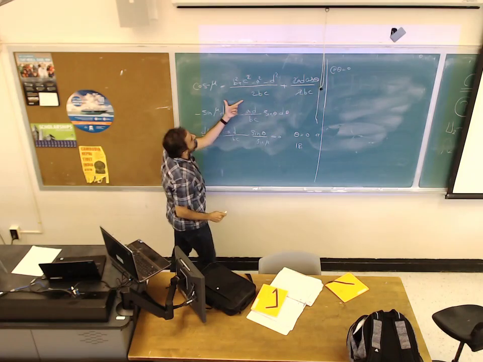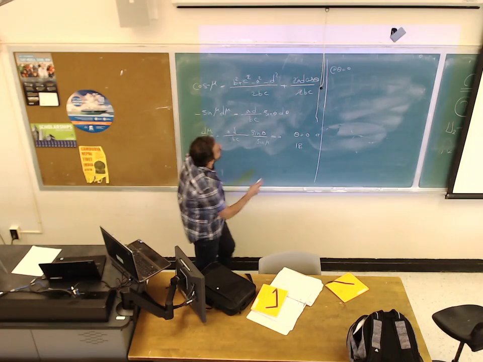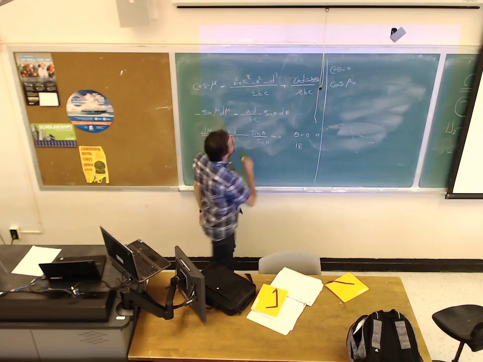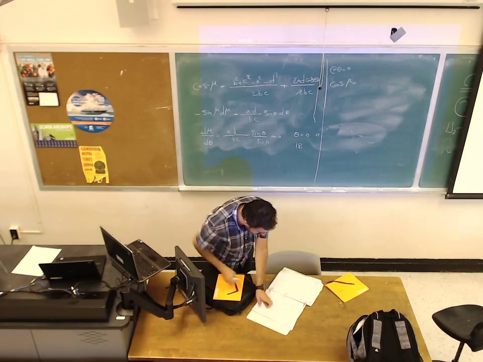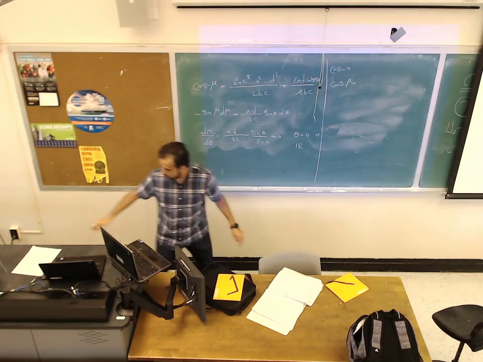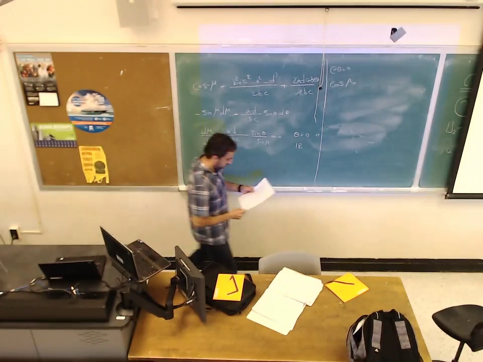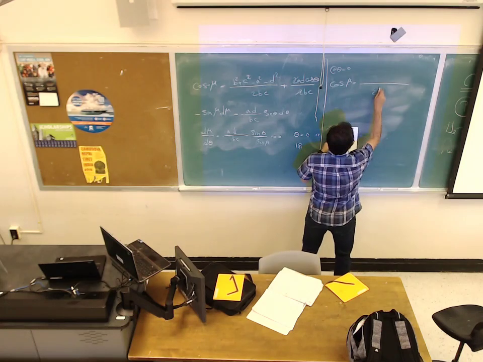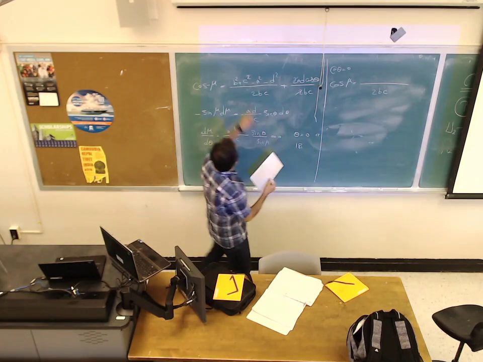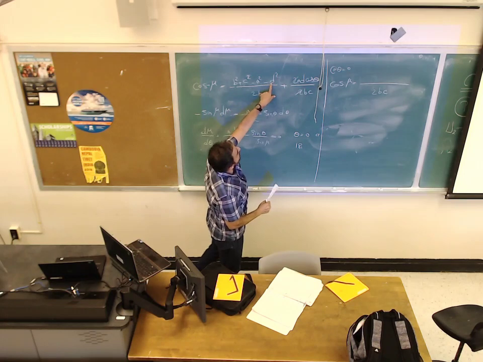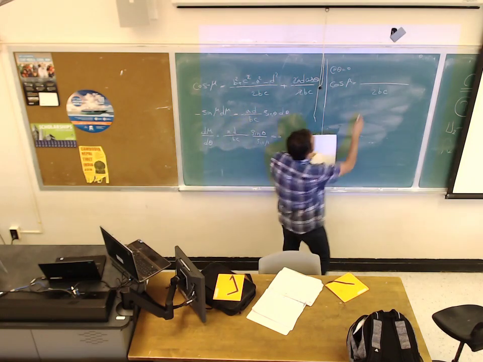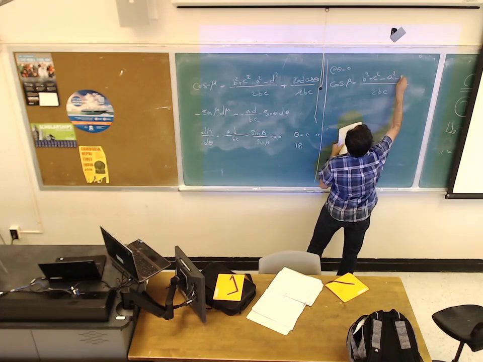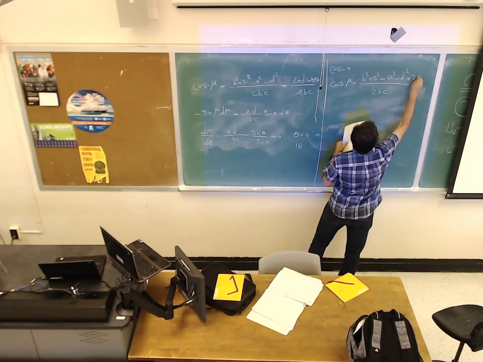So what I will get is cosine of mu would be b squared plus c squared minus a squared minus d squared plus 2ab, over 2bc.